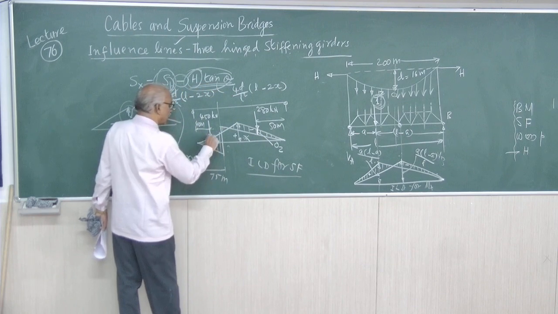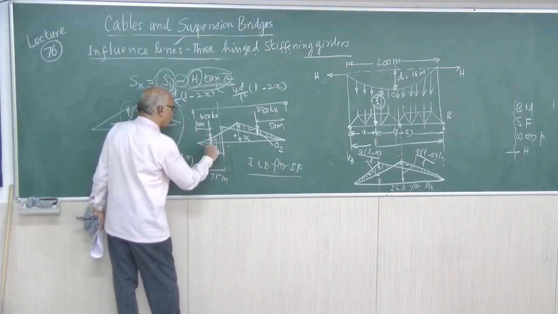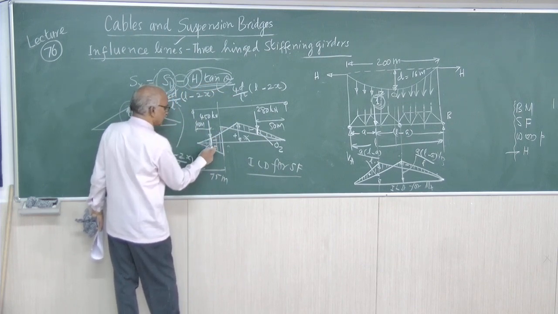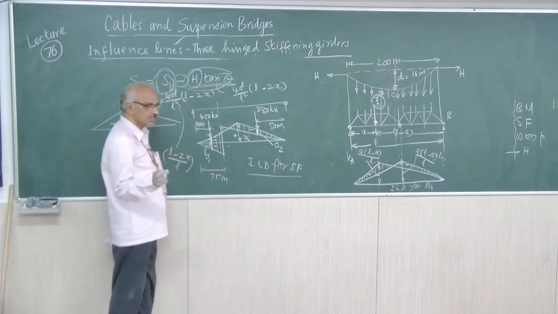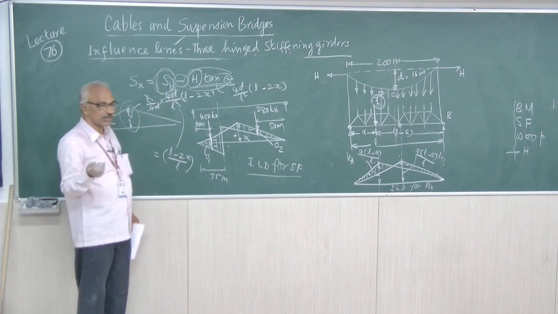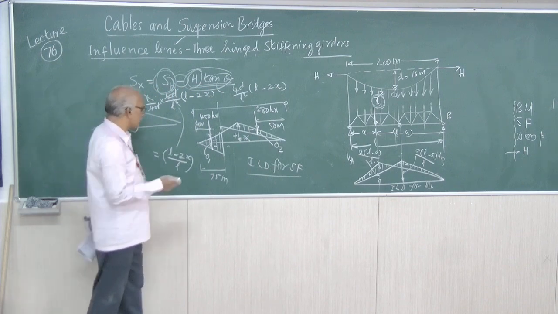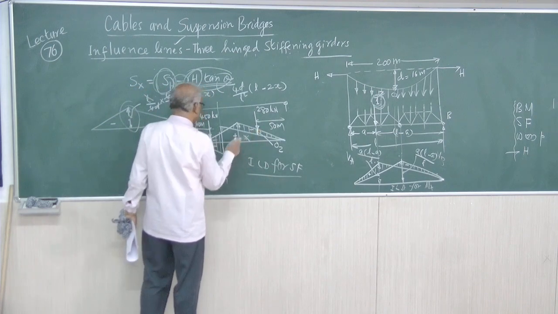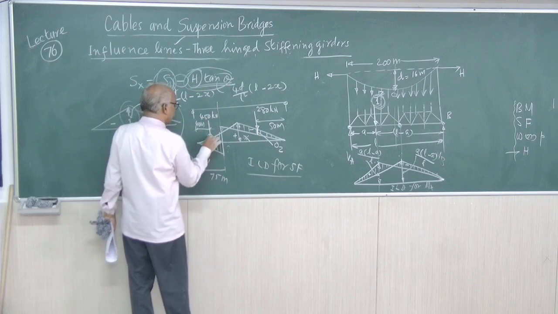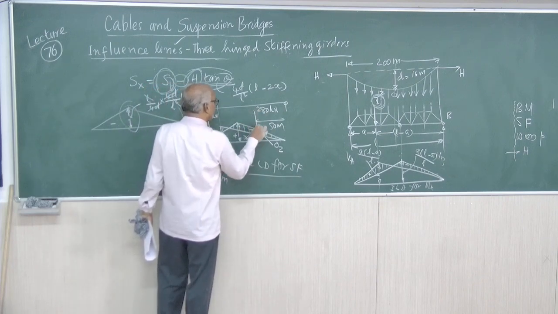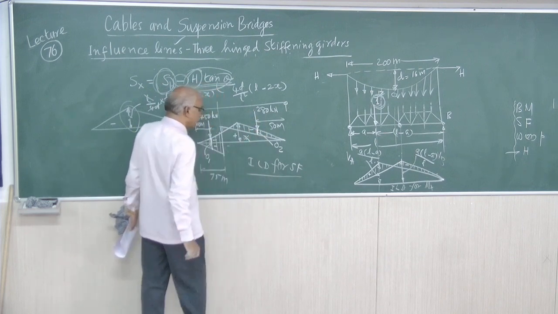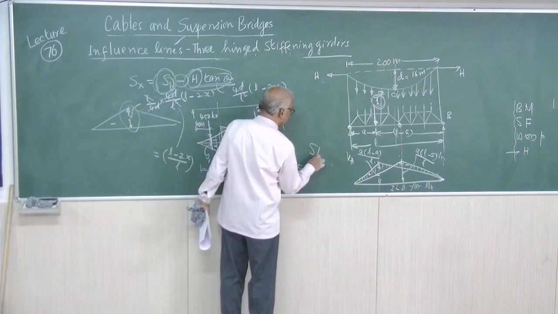This is minus, this is also minus. We got the shear force equal to minus 100 kilonewton in the earlier problem. So 450 into this ordinate plus 280 into this ordinate will give you the shear force at G.